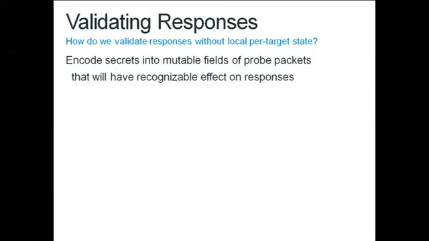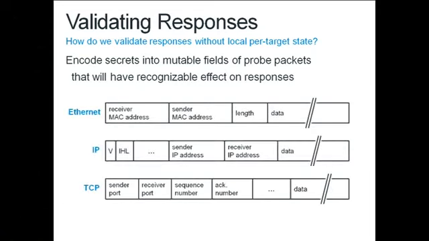So the technique we use for this is very much like the idea behind SYN cookies. So the idea is, if we were to look into the headers for, say, a SYN probe here, there are a bunch of fields that we can use to encode distinguishable data. So based on some per scan random secret, we encode bits into the sending IP address, if we have a range of addresses to send from, into the sending port, and into the initial sequence number.